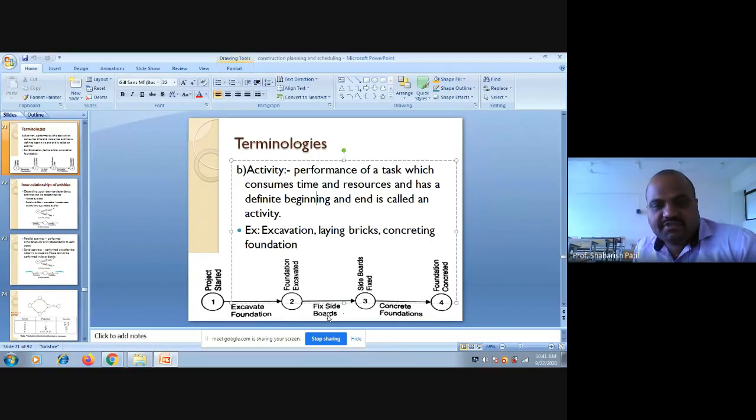Similarly, shuttering work or fixing sideboards is an activity between the events 2 and 3. Similarly, concreting foundations is an activity between the events 3 and 4. Okay, anything we are going to execute on the ground, or on the field, or even in the office, they are called activities.